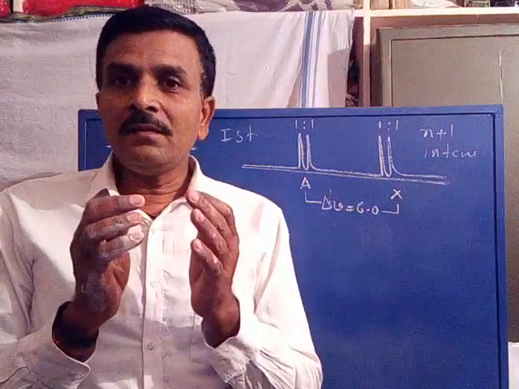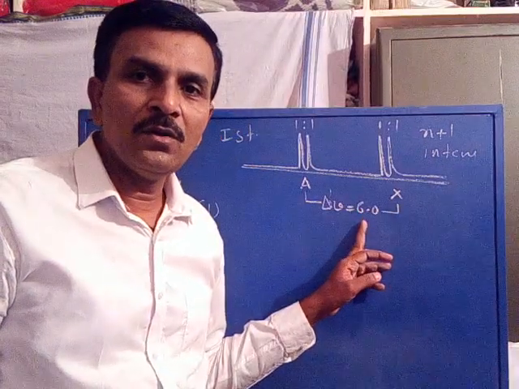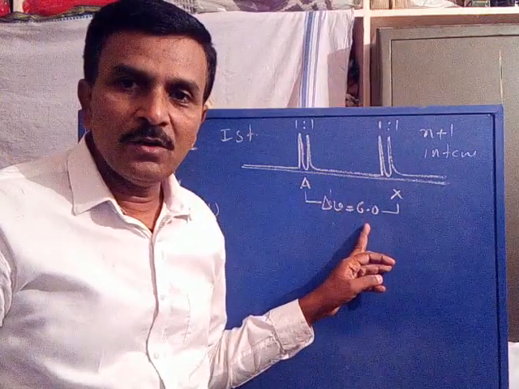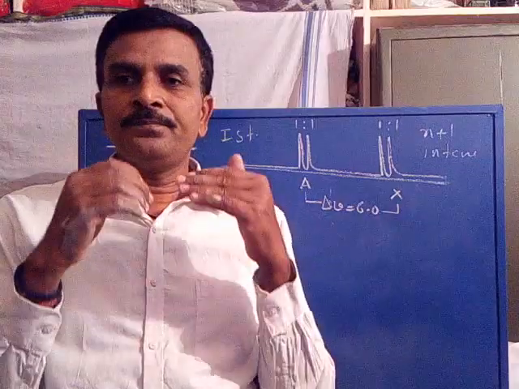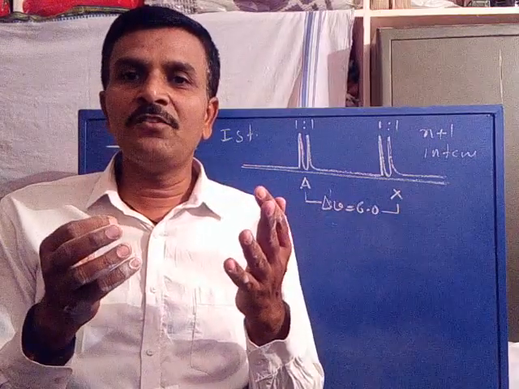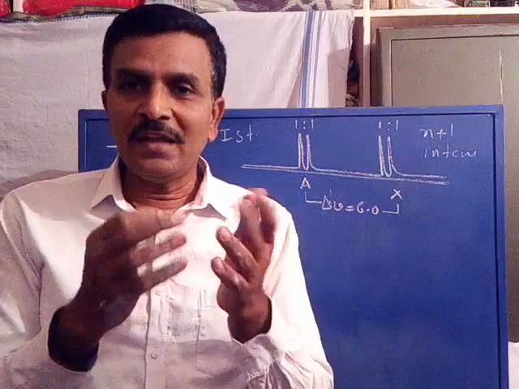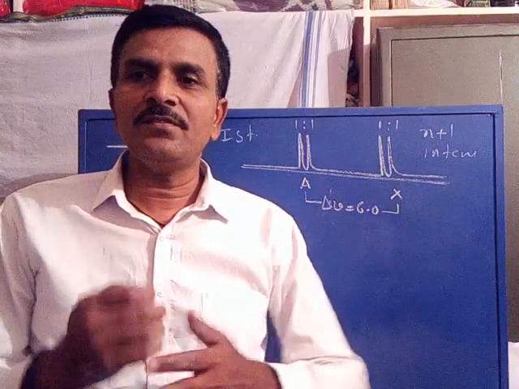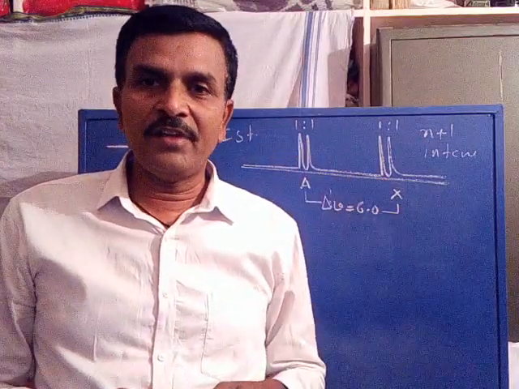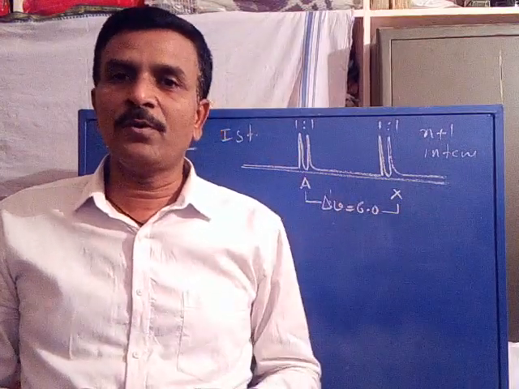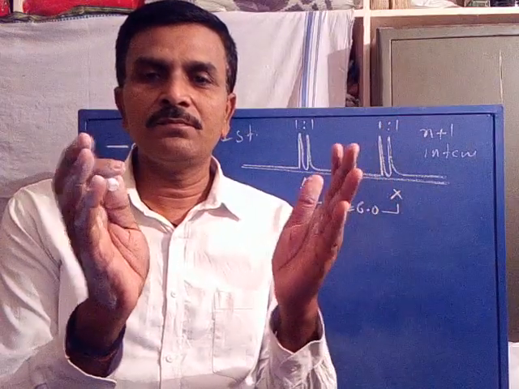As we decrease the frequency difference, initially it is 6.0. If it is 6.0, the spectrum is first order. Now if the frequency difference between the two sets of coupled protons decreases, the two signals come close to each other.